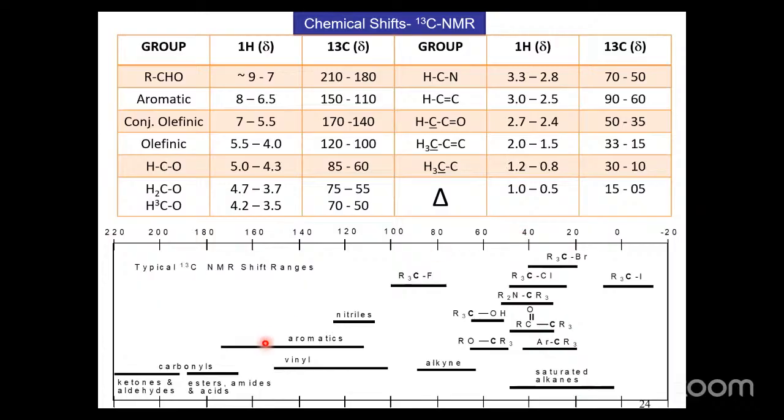Coming to the carbonyl carbon, between 190 to 200 we have the carbonyl of ketones and aldehydes, while esters, acids and amides come between 160 to 180 delta.